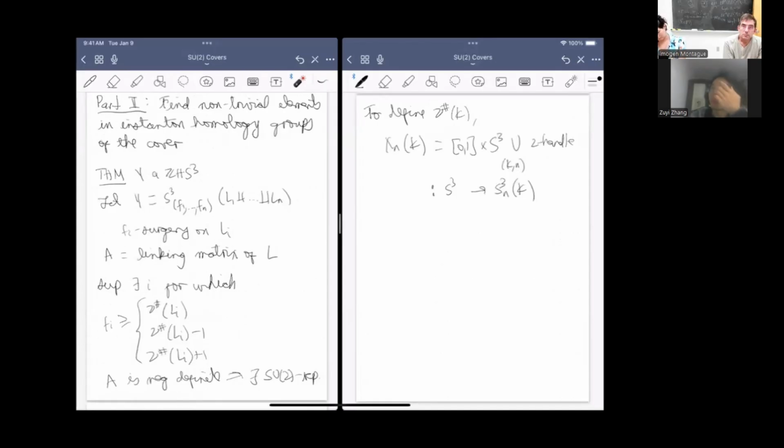And so we can look then at the map that this trace, this cobordism, induces on I sharp.